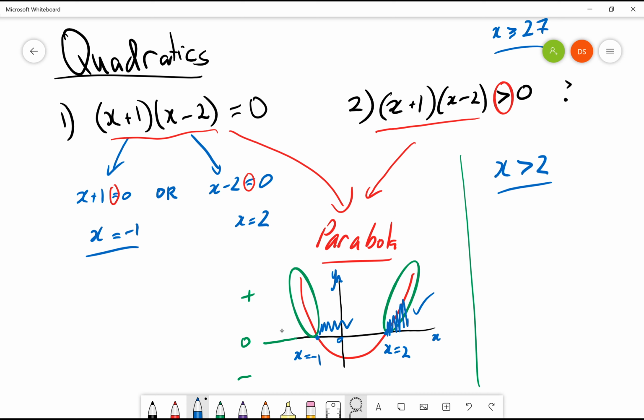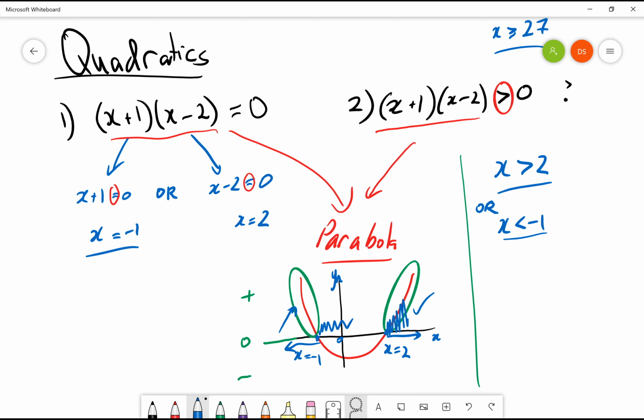So in fact, it's actually x is less than 1 on the number line. And so you want x is less than -1 or x is greater than 2. It's either after this point or before this point.